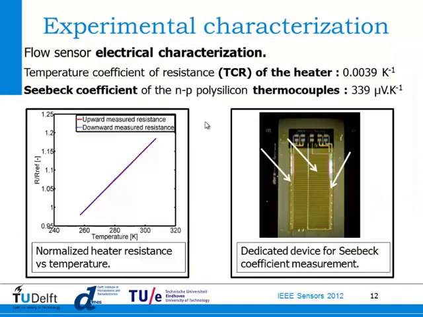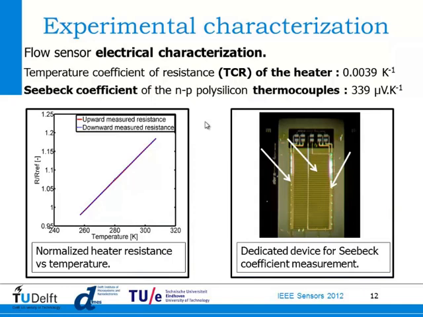So measurements. First, we of course electrically characterized our sensors. The TCR of the heaters was as follows, and there is no hysteresis between going up and down in temperature. And for the Seebeck coefficients of the polysilicon thermopiles, we actually used a dedicated device here.